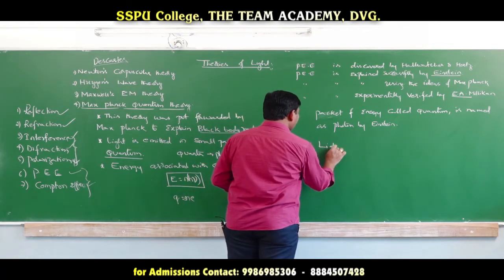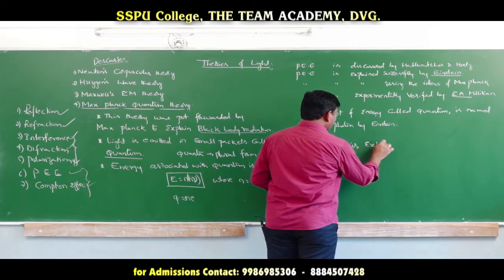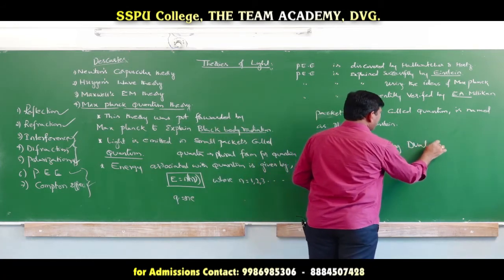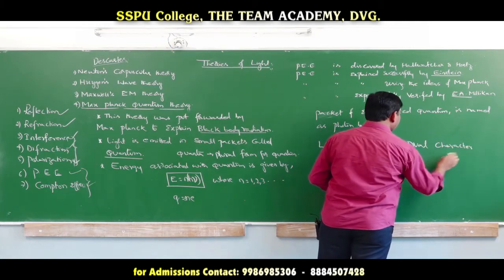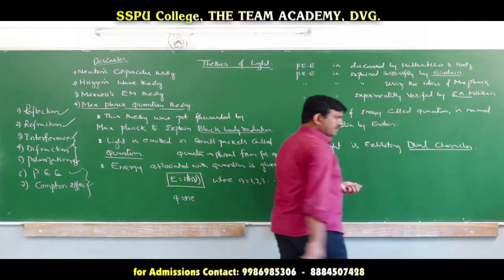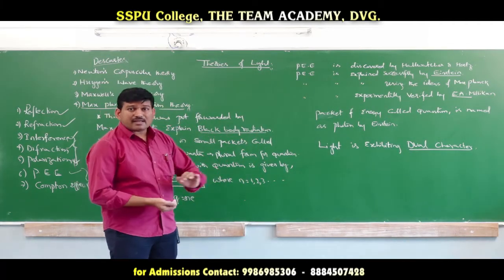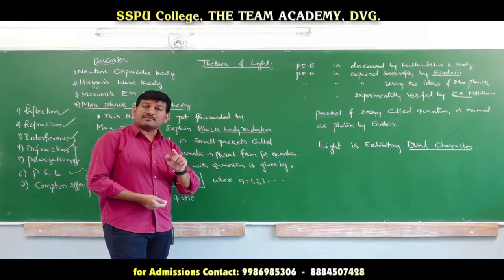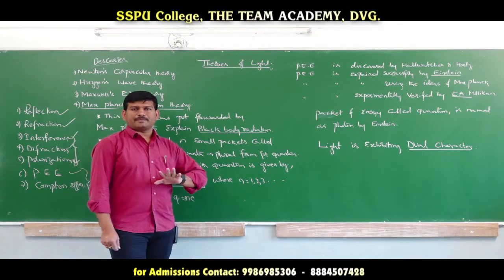The conclusion of these theories of light is that it is exhibiting dual character. That means it is exhibiting both particle character and wave character. So can both characters be exhibited at the same time? That means can you see the particle nature and wave nature simultaneously? Simultaneously means at the same time.